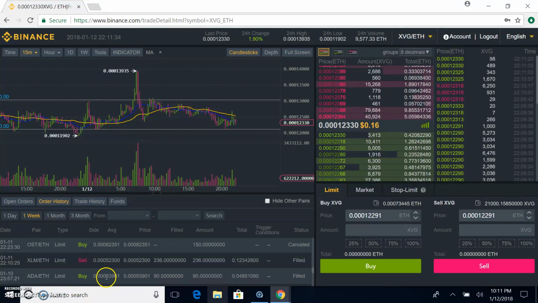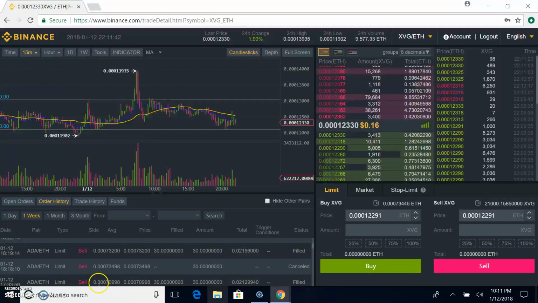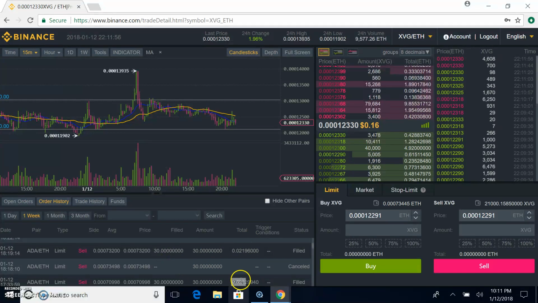If I bought that at 0.000539, 90 units, right? So then when I sold at 0.00709, 0.00734, and 0.00732. So that shows an example of selling in those increments, multiple ones, and then stacking your profit on top.